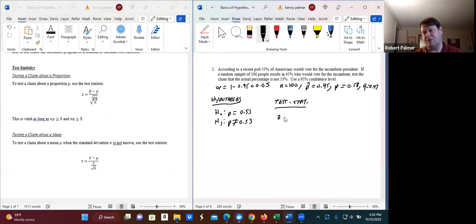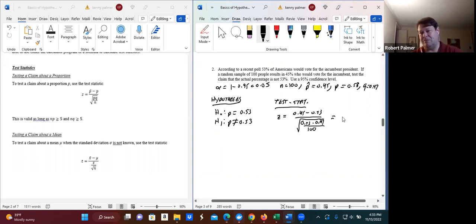So z is equal to our p hat, which is 0.45, minus 0.53, which is our assumed value of the proportion, over the square root of p, which is 0.53, times q, which is 0.47, all divided by the sample size of 100. I also calculated this. You can check on your own, and this should be approximately negative 1.6.